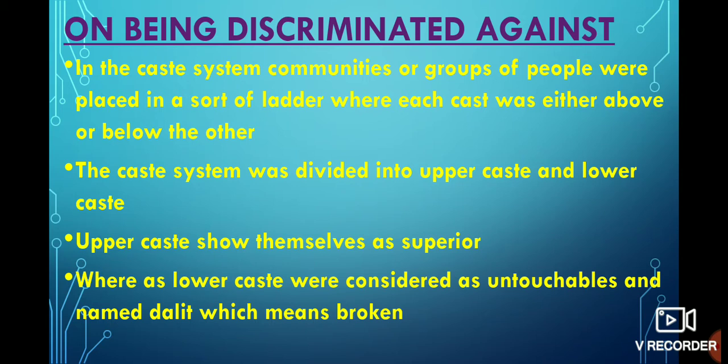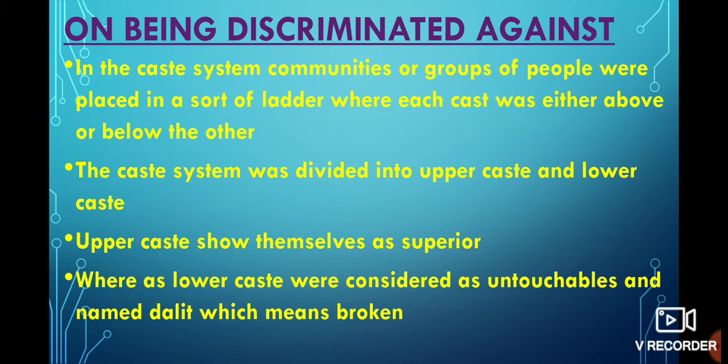So first step, then above it another one, above it another one, and the topmost one is the last. In the same way, people made groups of people and placed them in a sort of ladder. Lower caste, then better than it, then better than that, and the last one will be the upper caste. So the caste system is divided into upper caste and lower caste.